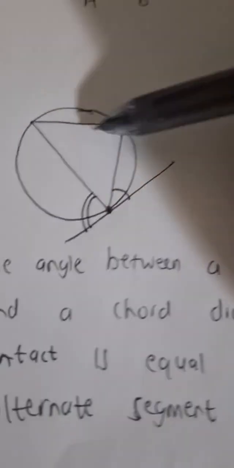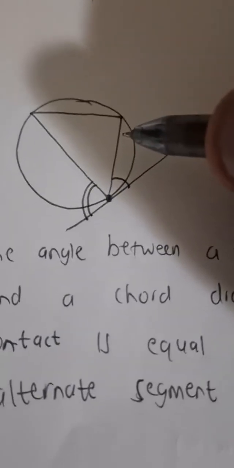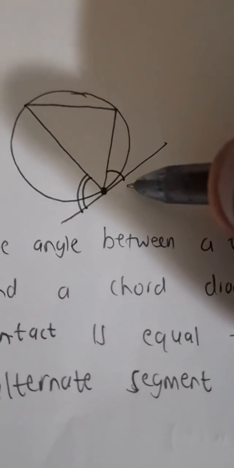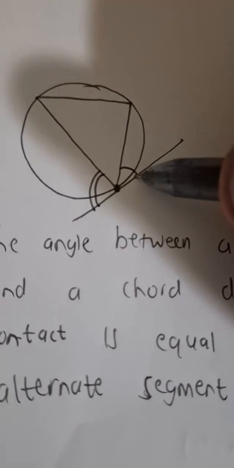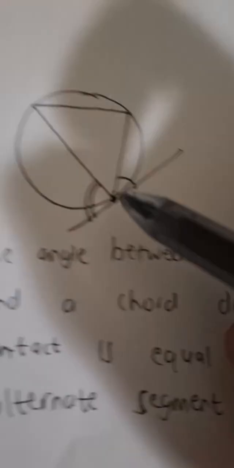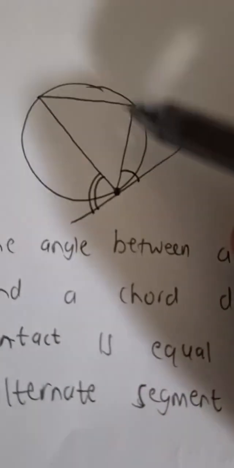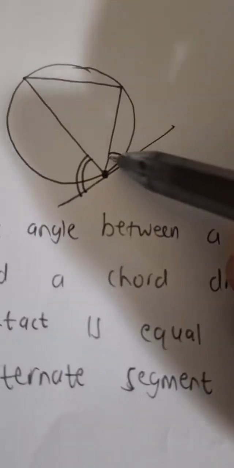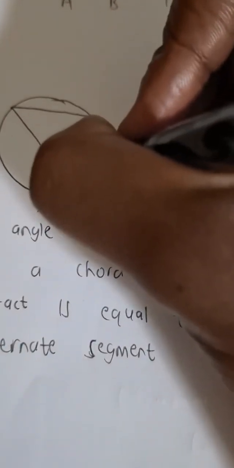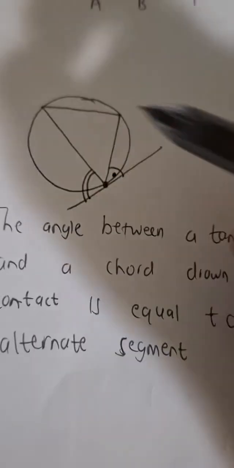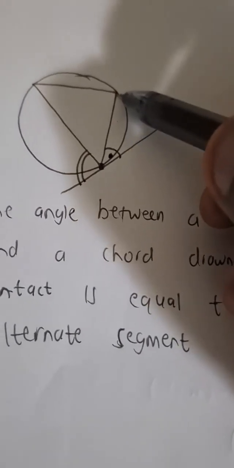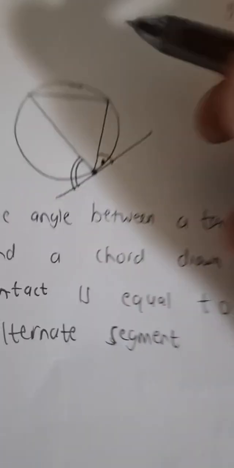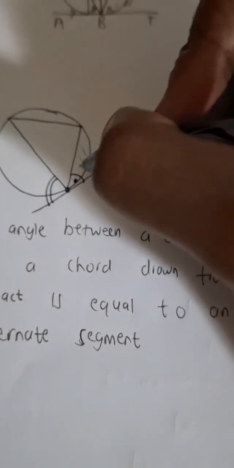Listen very well. You will remember that in this angle here, the angle formed by this tangent and this chord, they are saying that this particular angle will be equal to which angle? Please, guys, note as well that this angle here is in this segment. Remember, this area here would be a segment.